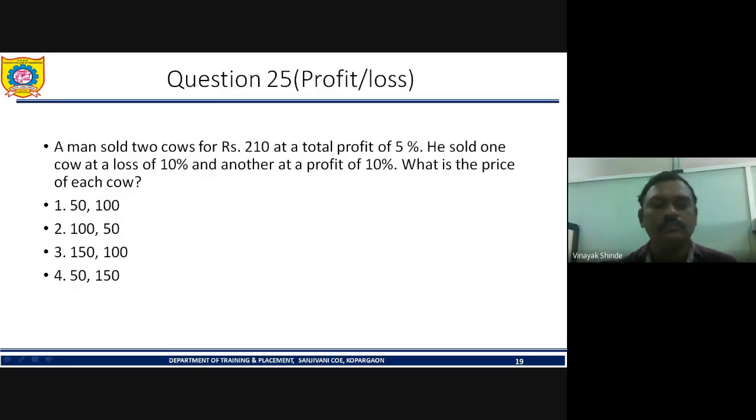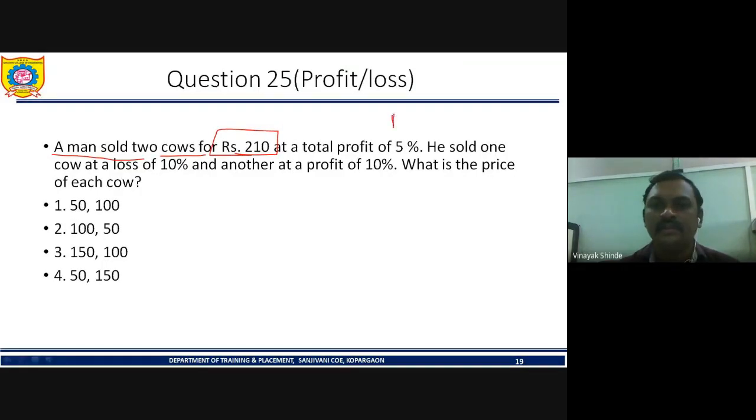Read the question carefully. A man sold 2 cows for rupees 210 at a total profit of 5%.